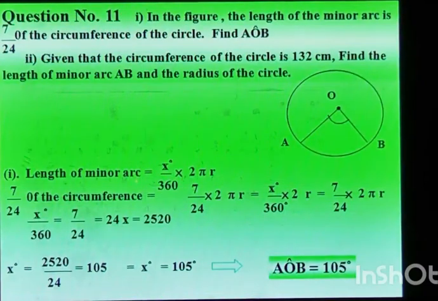And let's have another question, my dear student. Here the question is, in this figure the length of the minor arc is 7 by 24 of the circumference. So for the circle, we write this condition here, the length of arc is this, we know, but the question is you need to find the exact value for this formula.